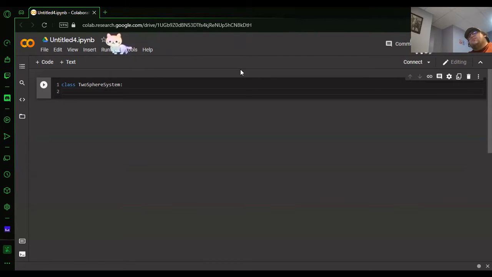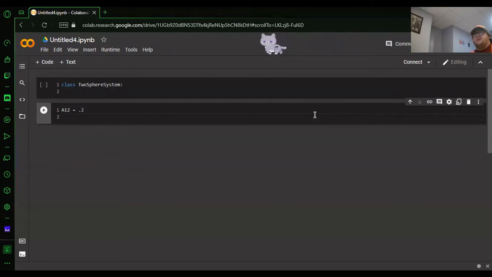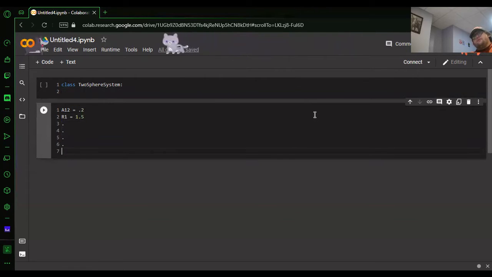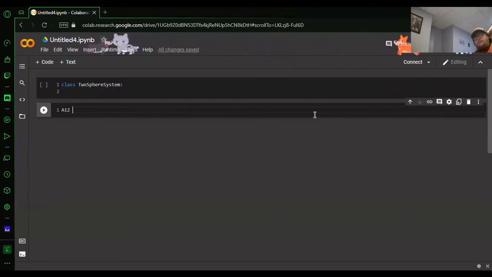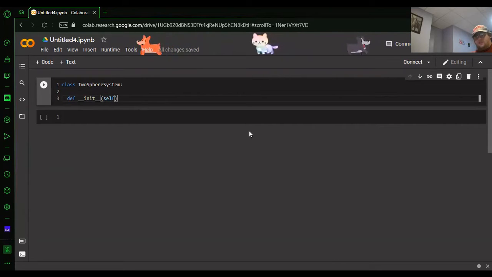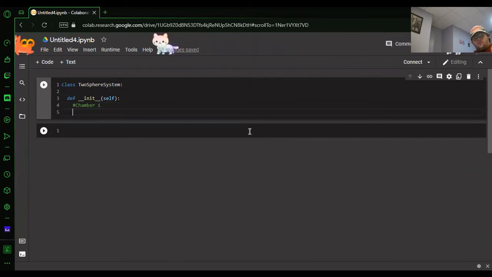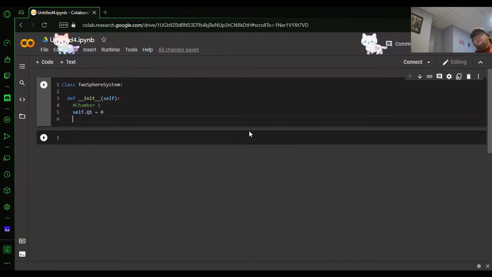The reason I am doing an object instead of going out and creating variables, like, for example, A12 is equal to 0.2, R1 is equal to 1.5, and so on, is just because it keeps all the variables together. So, for example, in our init step, for chamber 1, we have an inlet flow rate, so Q1, equal to some value.